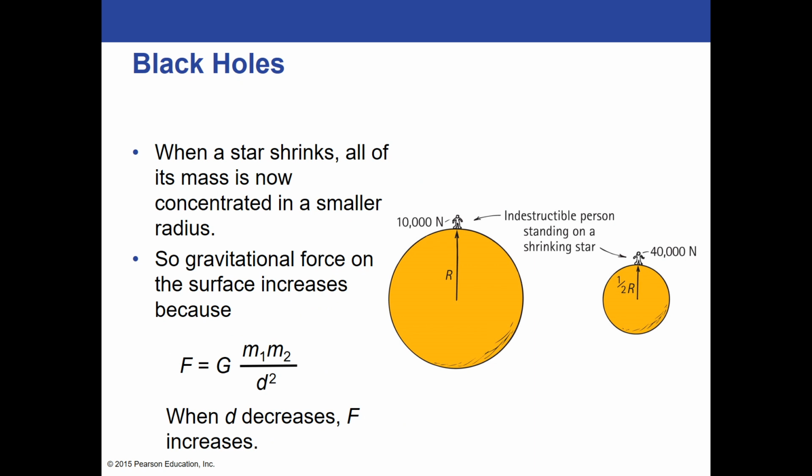There's something called a black hole. When a star shrinks, all of its mass is now concentrated in a smaller radius, so the gravitational force on the surface increases because of the force equation. When you decrease the distance, the force increases.